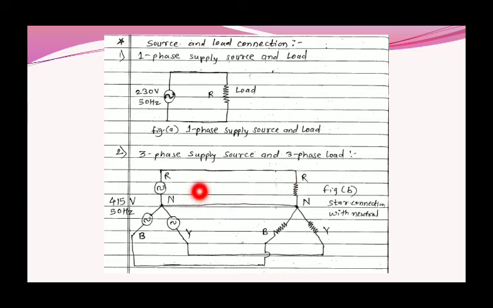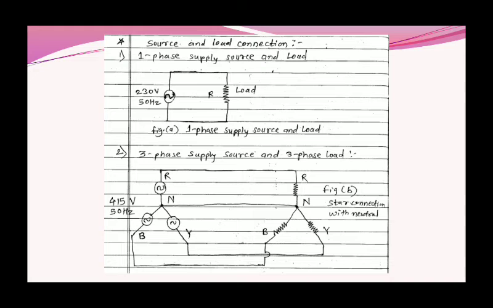As you can see here also, as the circuit is closed, the current will flow. Here also when we turn on the switch, then current from the source will flow to the load, and whatever the pump motor or other appliances, that will turn on. So this is the major difference between single phase and three phase.